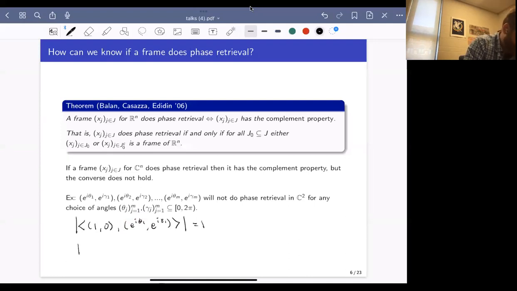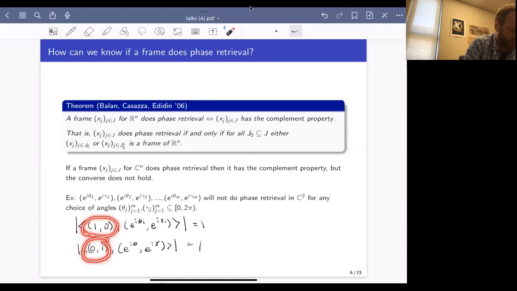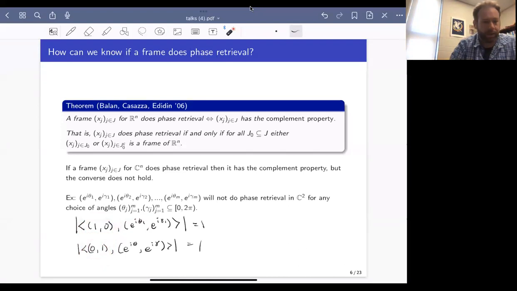And likewise, if I look at the vector which is 1 in the second coordinate and 0 in the first coordinate, it's going to be the same. And so you have these two vectors that are orthogonal, totally different from each other, but all of their frame coordinates are 1.